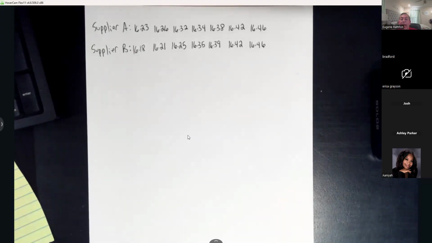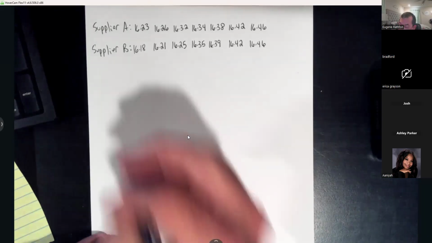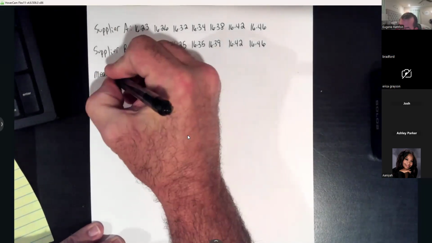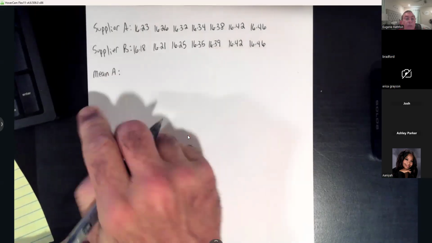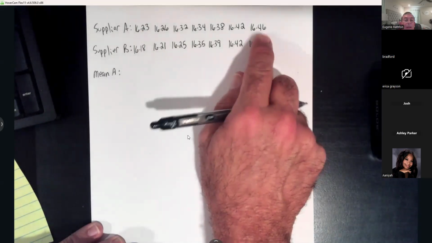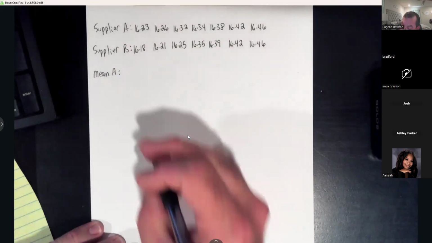To find the mean, I'll start with supplier A. We've got to add all 7 of them together and then divide by 7 since that's how many we had. So this would be the mean for supplier A. We're going to add all these together and then divide by 7.